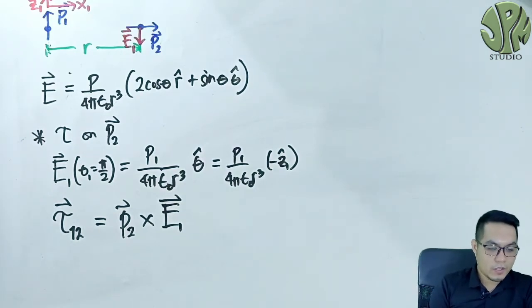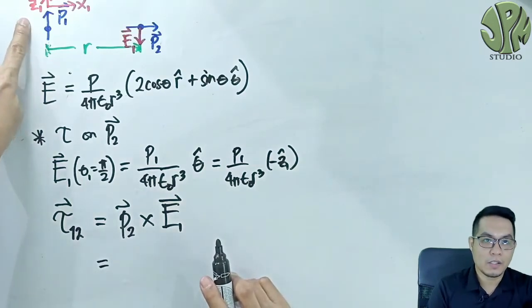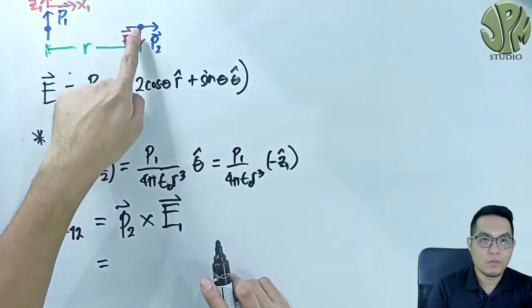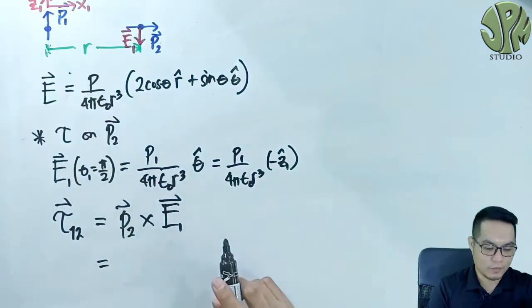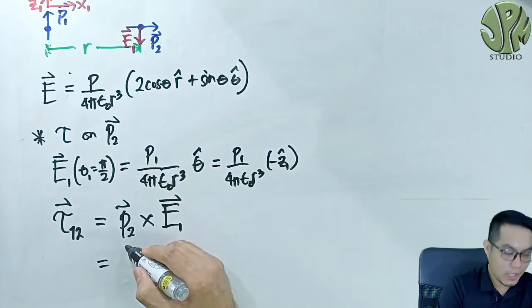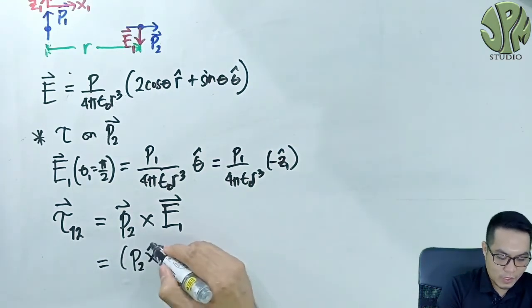So we cross this and P2. By the way, with respect to the coordinate system that we have assigned here, the P2 dipole moment vector is directed along x1. So we will have P2 x1 hat.